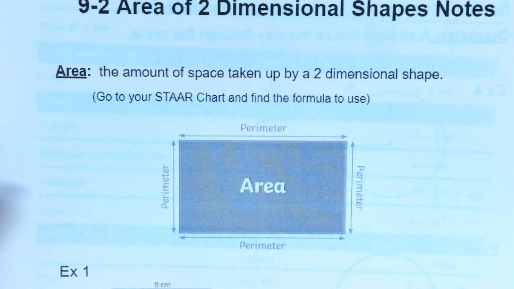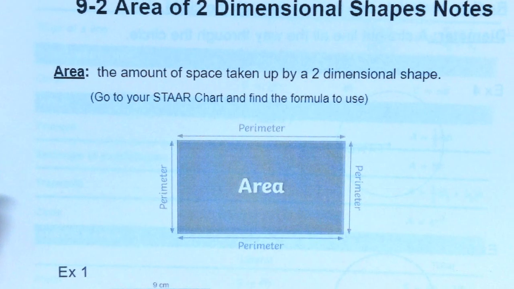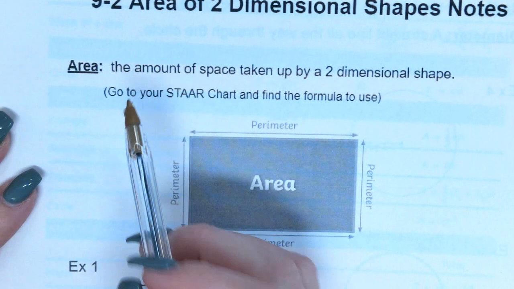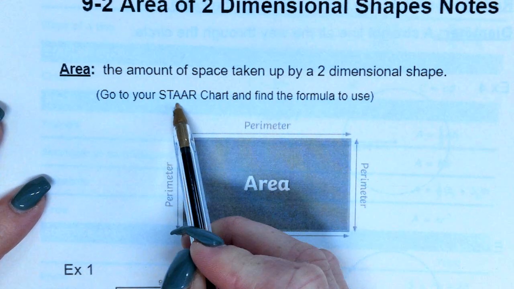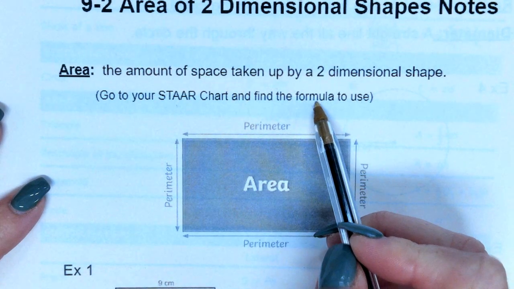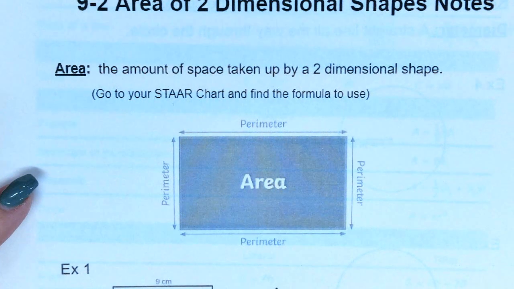Everybody with me? There are formulas that you have to follow for different shapes. So I can't just say add all the sides because that doesn't work. So everybody look right here. To find area, you have to go to your star chart and you have to find the formula to use. It's very easy if you know your shapes.